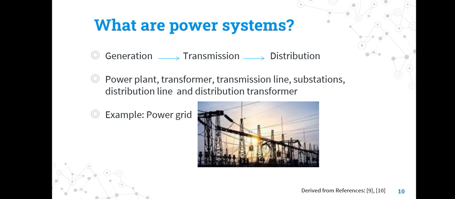Substations are also used for stepping up or stepping down voltages, and a distribution line and distribution transformer are used for the distribution of electricity. One example of a power system is a power grid, and using a power grid is how we get energy or power for our local use. So that's all about power systems.